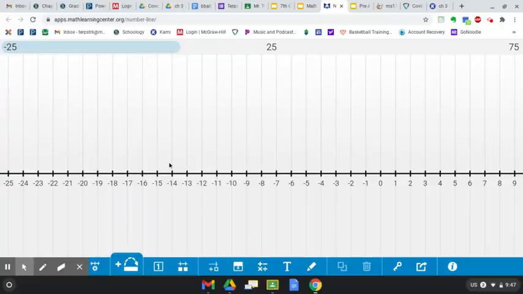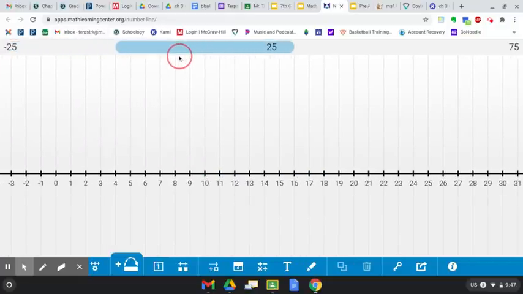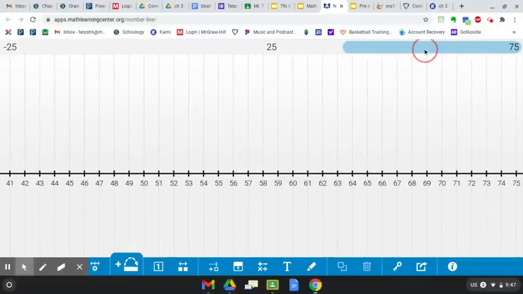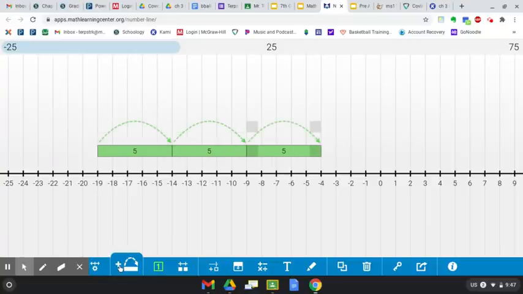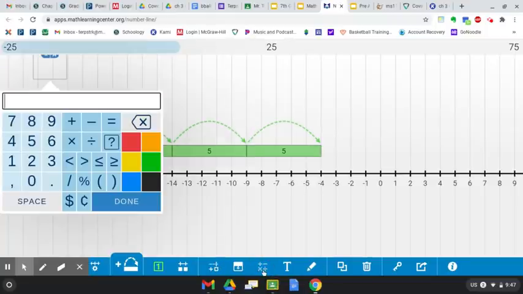So here's my number line, right? And it goes negative 25. And then if I want to, I can grab up here at the top and I can scroll to have it go to higher numbers. And if you want to set it lower, you can set it instead of negative 25. If you want to have that set lower, you can. And then it has interactives down here, and we'll get to play with these more as we go.